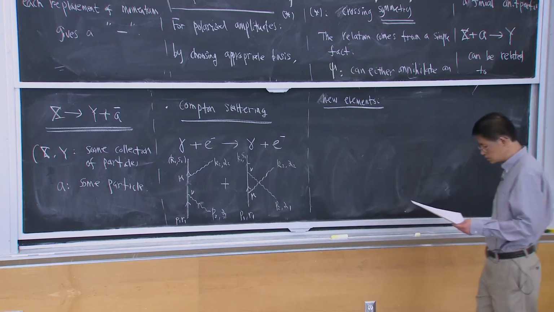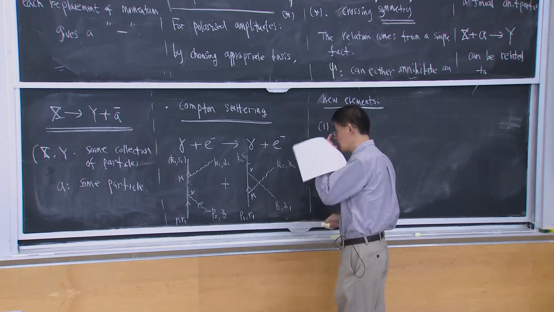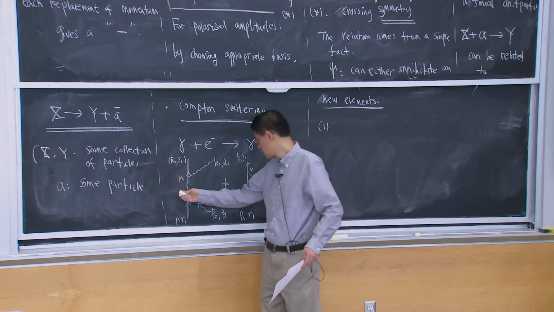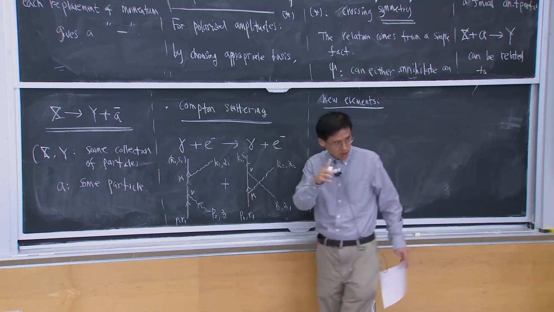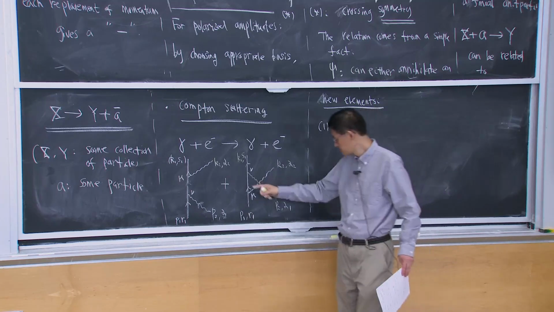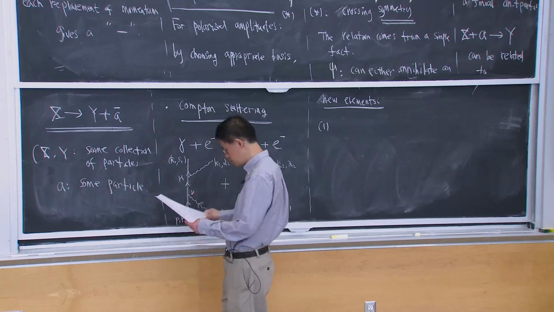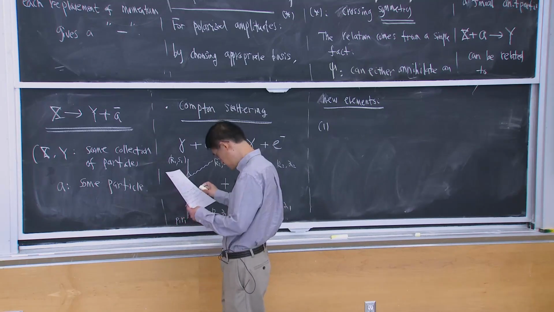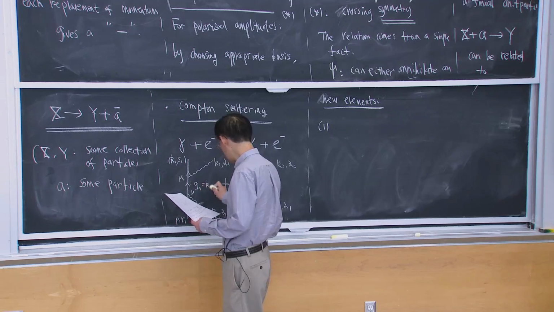There are two new elements. First, in this example, this propagator is a fermionic one. So now we have an intermediate fermionic propagator. Okay? And the momentum for this one, let's call it Q1, is equal to K1 plus K2.